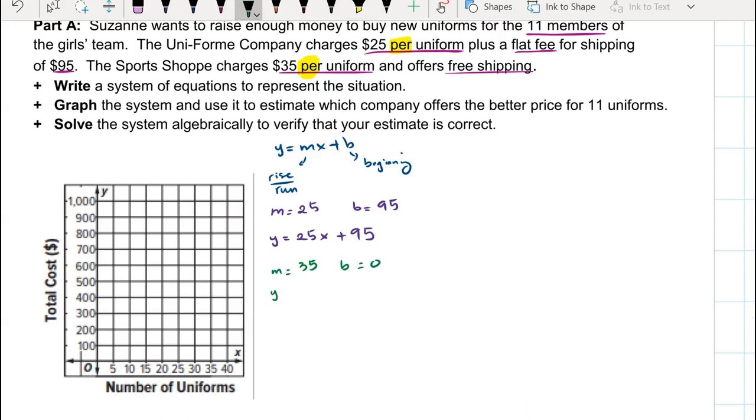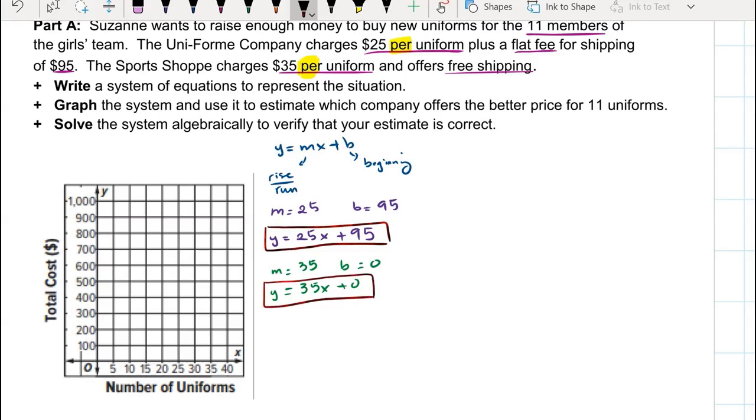So your second equation is y equals 35x plus 0. Alright, so we just finished part A, which is to write the equations. Let me box this to make sure that you see our answer: y equals 25x plus 95 and y equals 35x plus 0.